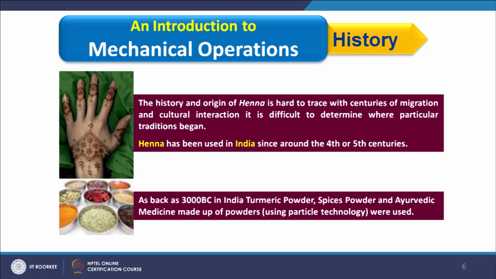Another very common example is the spices which we are using in our food. As far back as 3000 BC in India, turmeric powder, spices powder and Ayurvedic medicine made up of powders using particle technology were used. So by considering Ayurvedic medicine or the spices or the henna or the grinding, we are associated with mechanical operation.